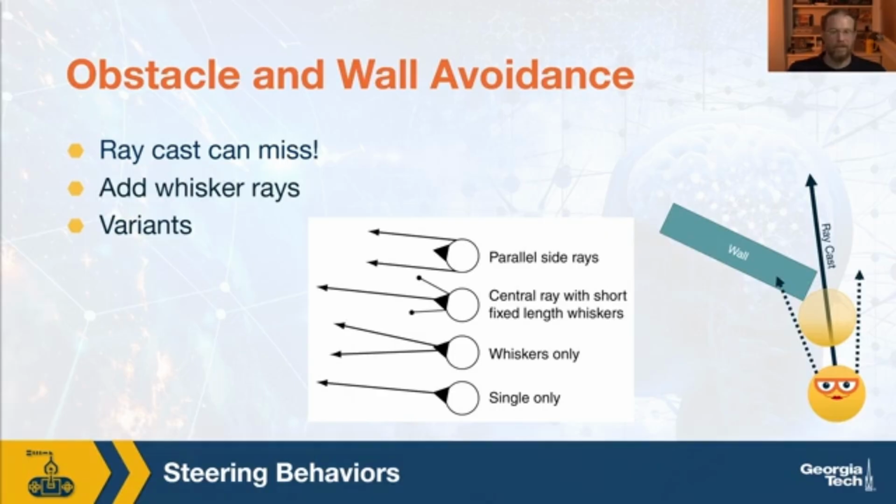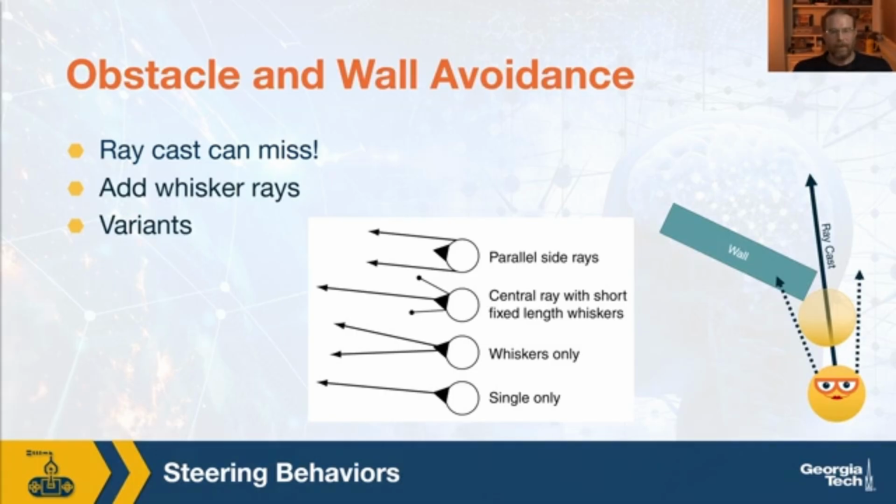And the problem with just using the single ray from the center of the agent, casting a ray from that point forward along the current direction of travel, is that it doesn't take into account the size of the agent. And so a ray cast might miss the wall if, say, a corner of a wall is within the path.